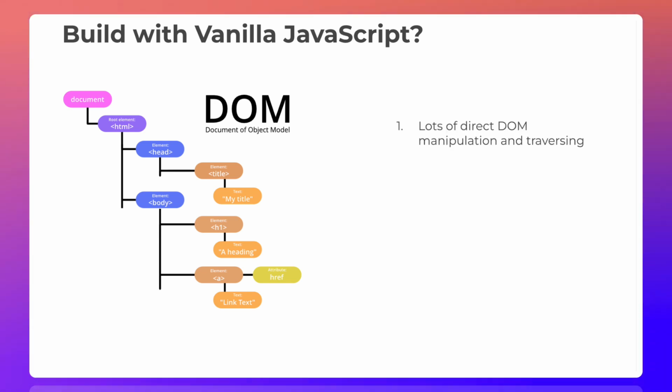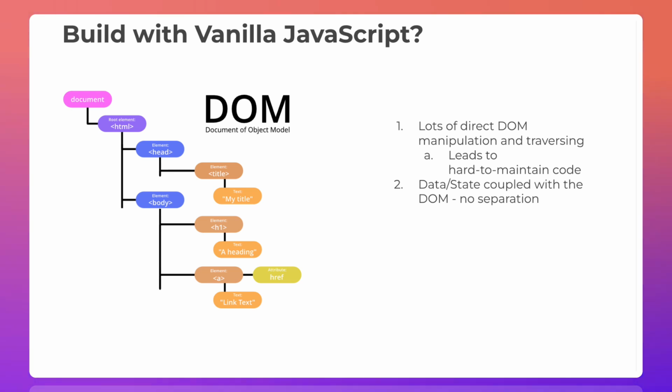So in this case, we would have lots of direct DOM manipulation and traversing, which means each time we want to change the state of a certain part of that website, we have to go into the actual DOM, for instance the body, and go into the p tag and do all these things and get that state. So manipulating the DOM directly is time intensive, but also very expensive and inefficient, which of course will lead to hard to maintain code.